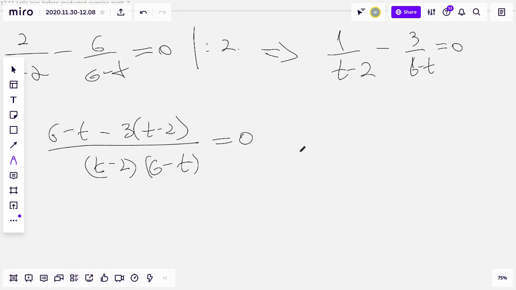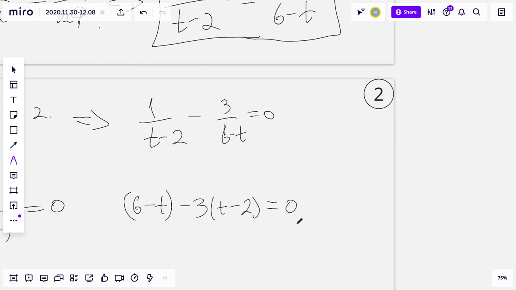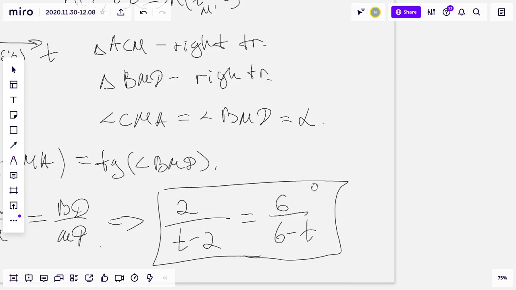And that's why we can derive that 6 minus t minus 3 (t minus 2) equals 0. We have gotten such an equation.